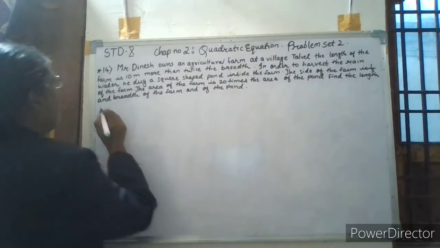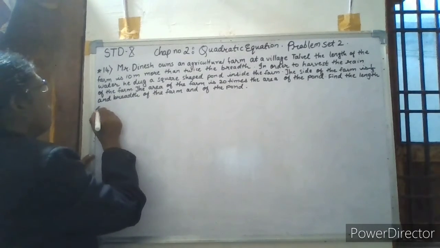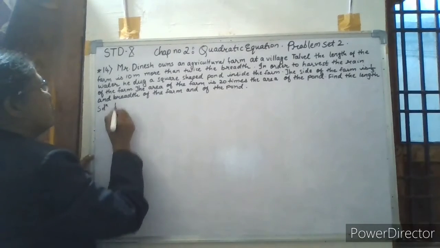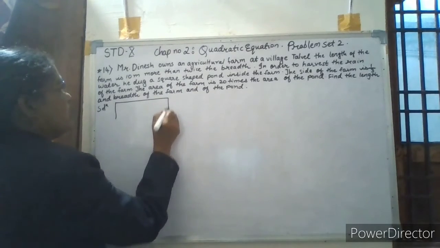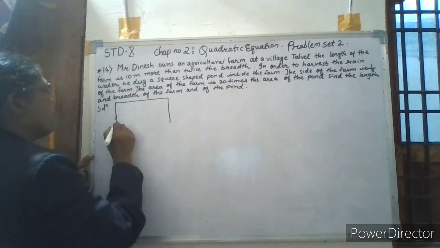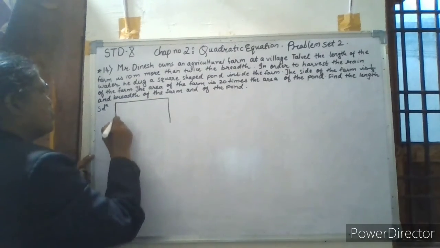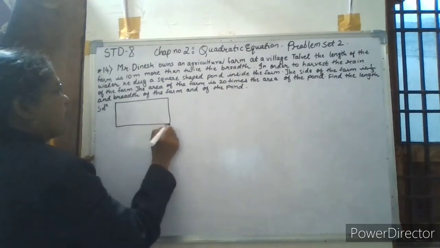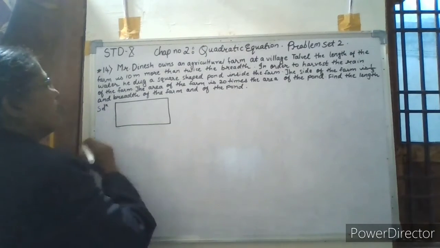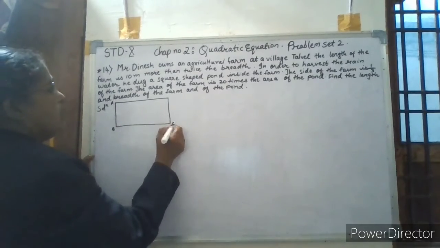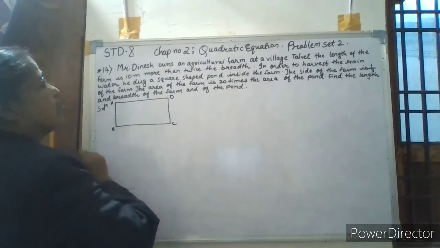So, it is in this form, that is, the farm is in rectangular shape. Let us name it as A, B, C, D. This is the rectangular shape.